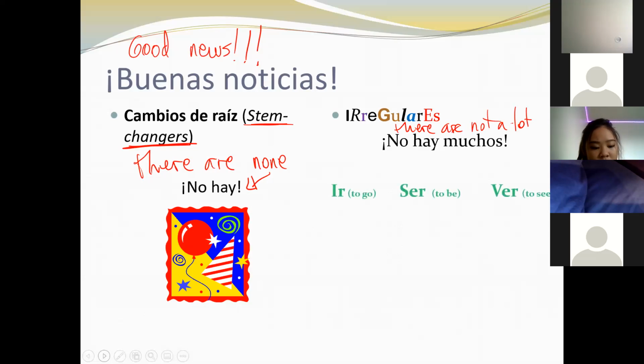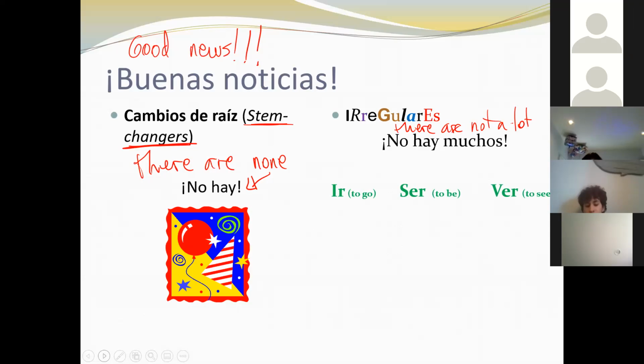There are only 3. It's the verb ir, which means to go, ser, which means to be, and ver, which means to see. So the yo form, yo iba, yo era, yo veía. So I used to go, I used to be, I used to see. Questions so far? Okay, so the tú form, tú ibas, tú eras, tú veías.